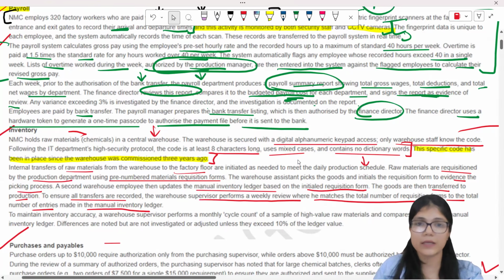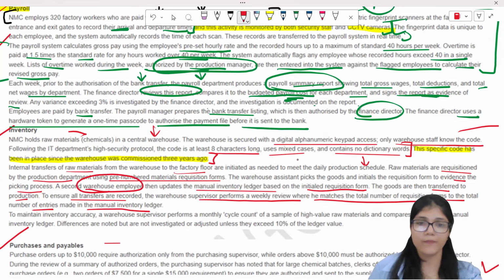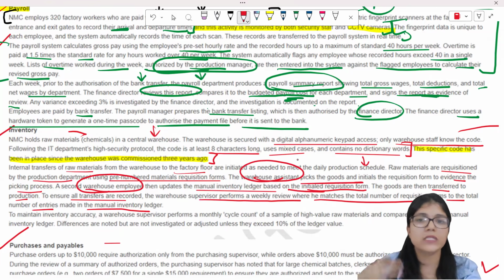He's ultimately a warehouse assistant, right? Over here they mentioned a warehouse employee updating the same thing, and the assistant is picking it up with the initials. But where is the review? Where is the authorization? Where is the independent check? There could be errors wherein he's picking the wrong item, wrong quantity, wrong description, wrong quality, poor quality, right? He's picking poor quality products.